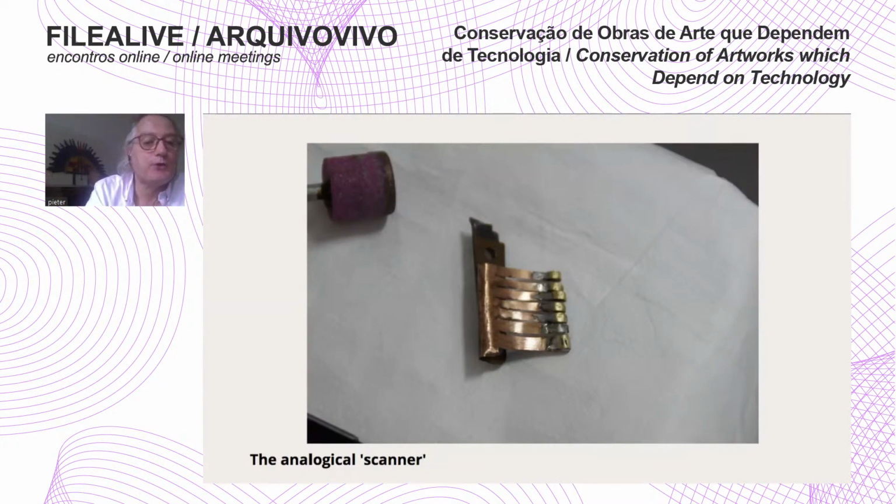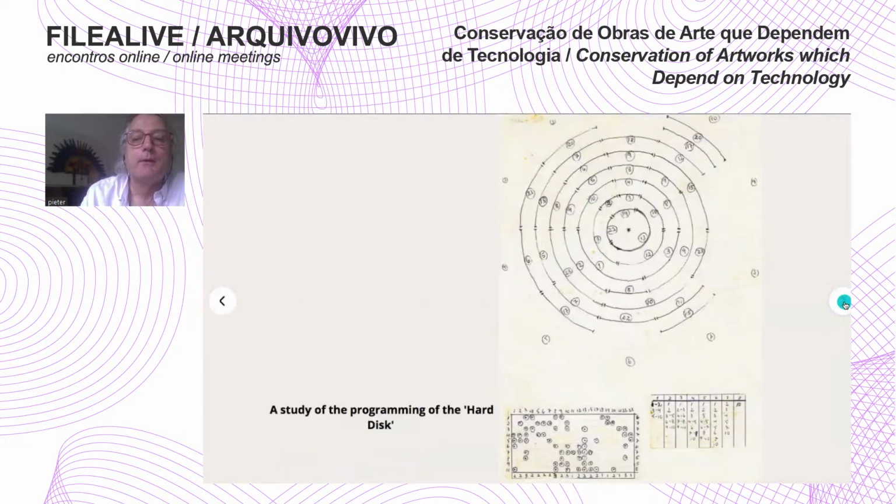When it doesn't touch any nail, the light goes off. It's very simple, but it's very difficult to maintain because this wears when you use it. And so you have to revise it regularly. This is the study for the hard disk, how to make the lamps go in a certain sequence.